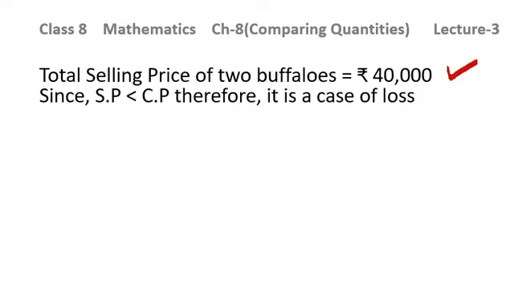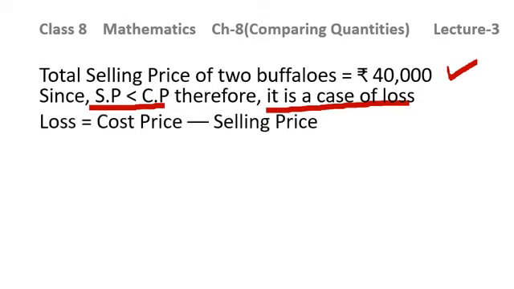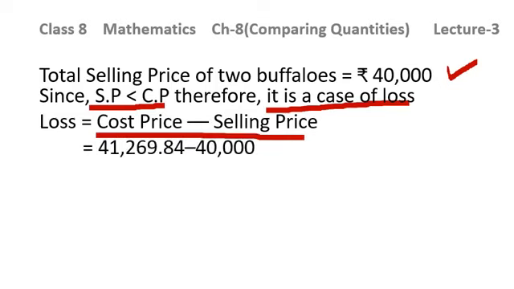Since SP is less than CP, or CP is greater than SP, it is a case of loss. So loss is given by CP minus SP. Putting the values, 41,269.84 minus 40,000, as this was the total SP.